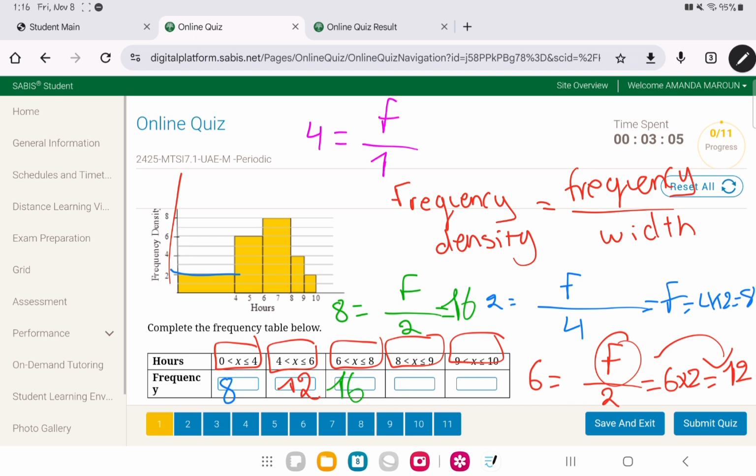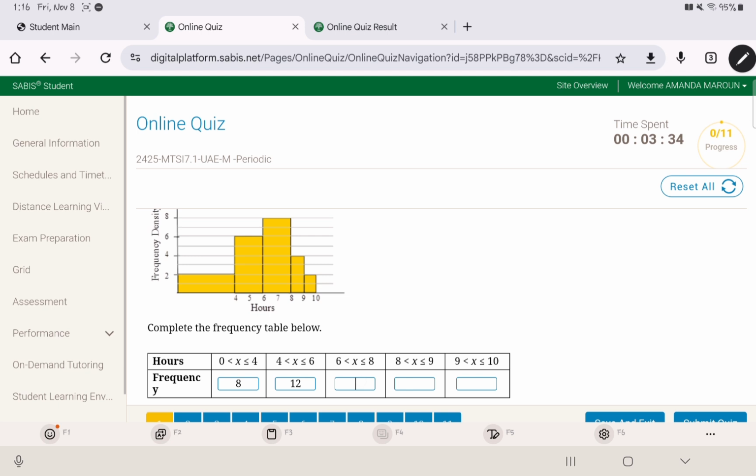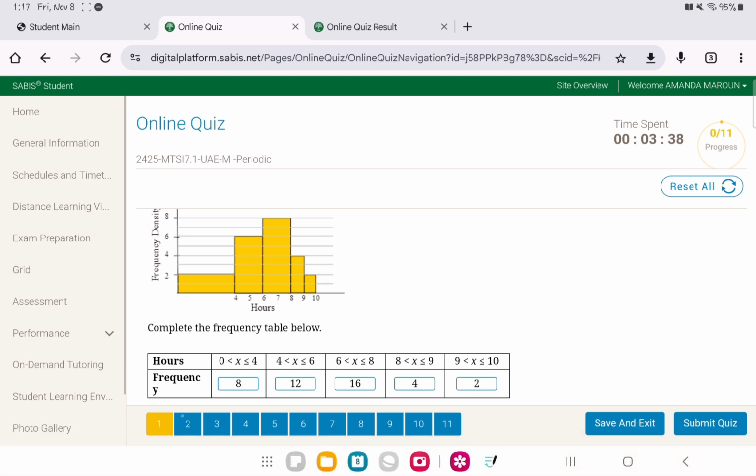So the frequency is then equal to 4 times 1, which is 4. Finally, the last one, we have a frequency density of 2. 2 is equal to the frequency over the width, which is 10 minus 9, 1. So then the frequency is equal to 1 times 2, which is 2. So in order, they are 8, 12, 16, 4, and 2.